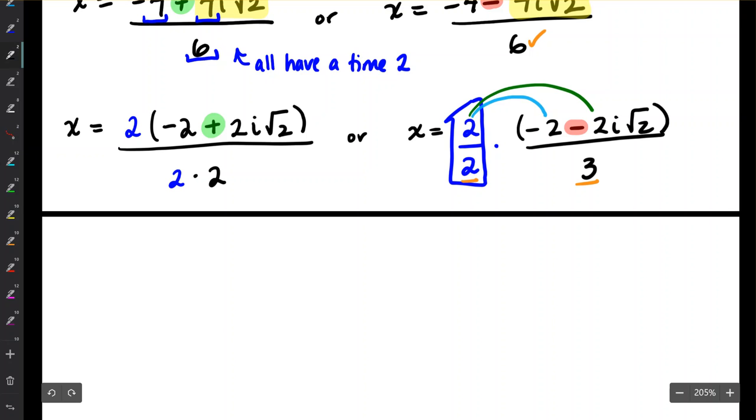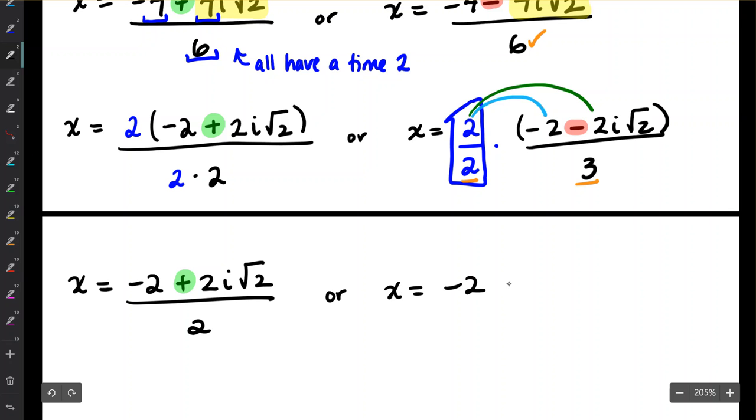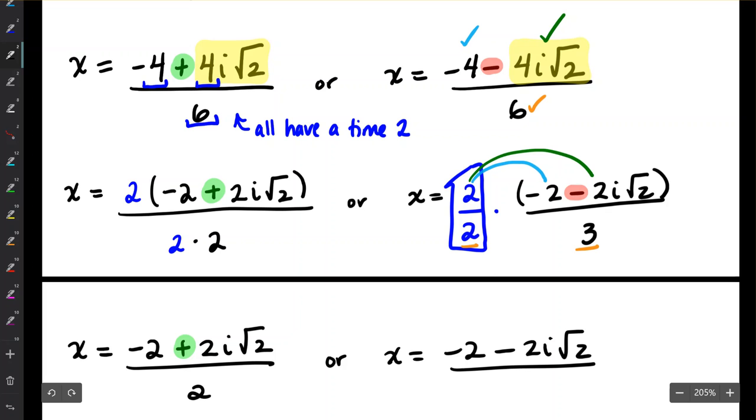So times 1 doesn't change anything, so x is equal to minus 2 plus 2i square root of 2 all over 2. I just copied this exactly, but I got rid of that secret times 1. Or x is equal to negative 2 minus 2i square root of 2 all over... Lindsay can't do multiplication. 6 is 2 times 3.